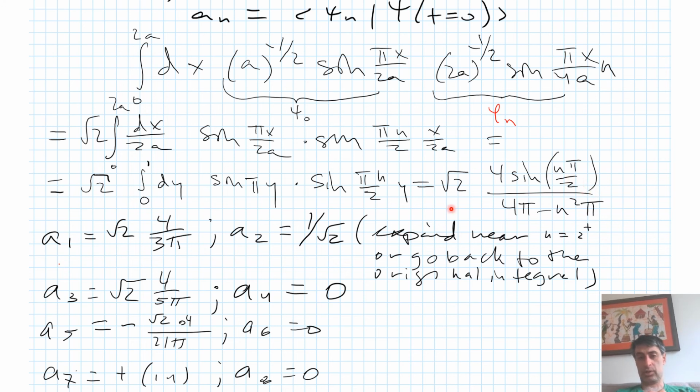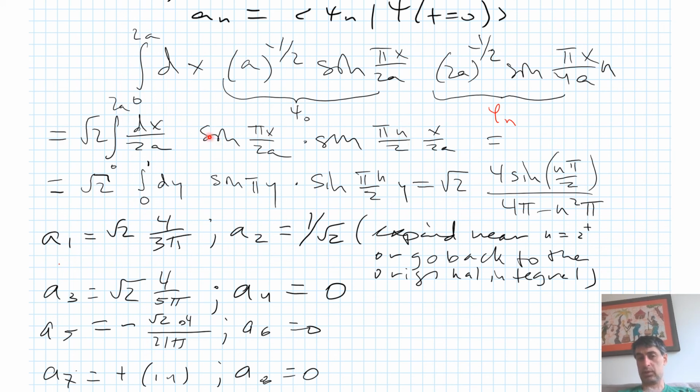Mathematically, you can imagine that n is a parameter which is not an integer, and then you would expect all these things to be continuous, and you can expand near 2 by treating n as a real number and get 1 over 2. Alternately, you can go back to the integral and set n equals 2 here, and there's nothing funny about this integral.